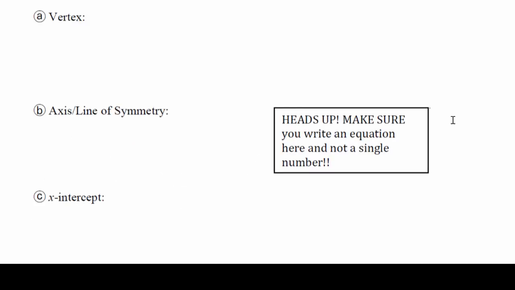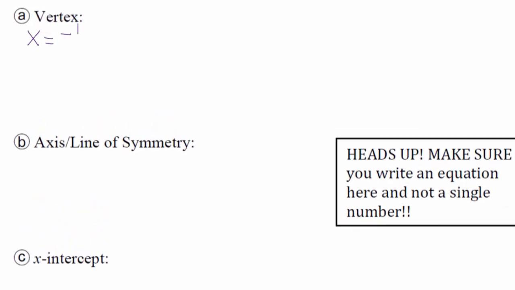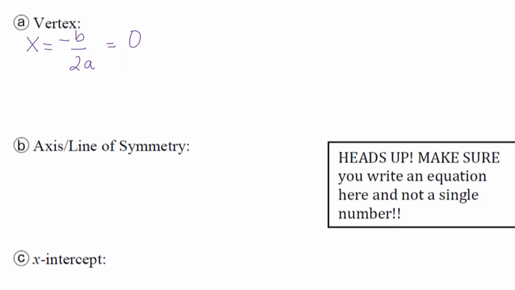So let's go ahead and calculate the vertex. Use the vertex formula. We know that the x-coordinate is going to be equal to the opposite of b over 2a. And b is 0, right? So that means that our x-coordinate for our vertex is 0. Now let's find the y-coordinate by substituting in 0 for x into the equation.